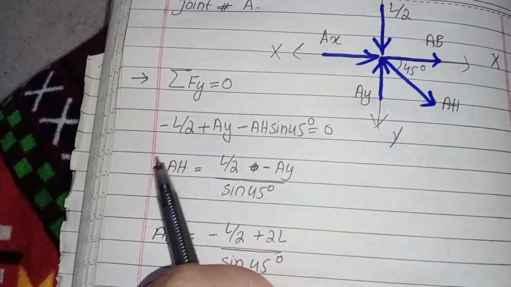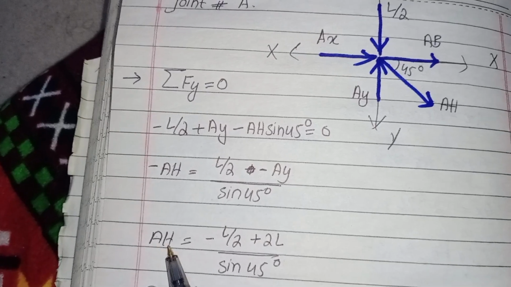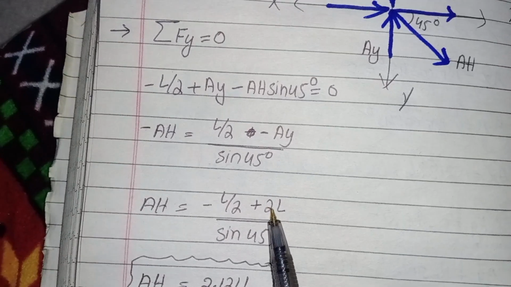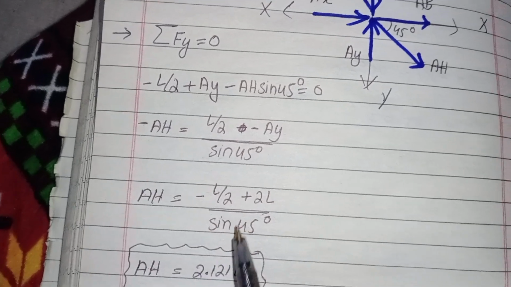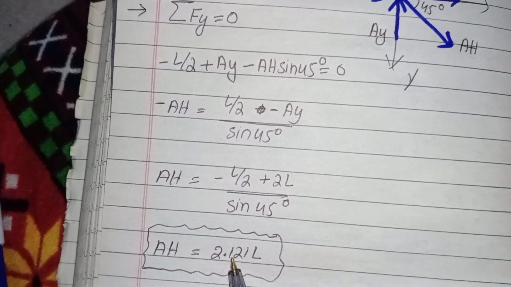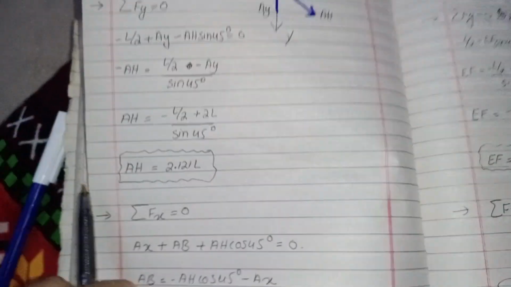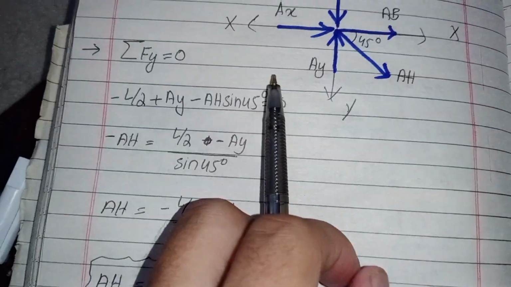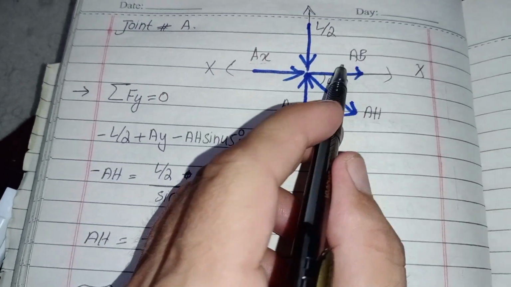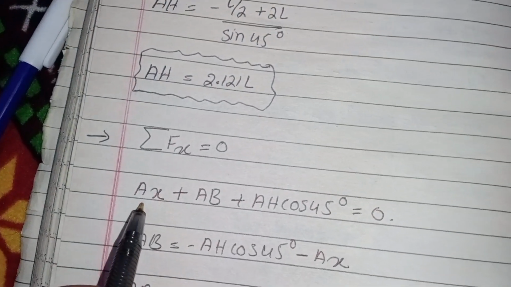If I remove this sign, I will change all the signs. So AH will equal negative L divided by 2 plus 2L, divided by sine 45. If you calculate this, AH will equal 2.121 L. Now the summation of all horizontal forces acting on this joint equals 0. One is this horizontal force, another is this horizontal force, and one is a component of this force.